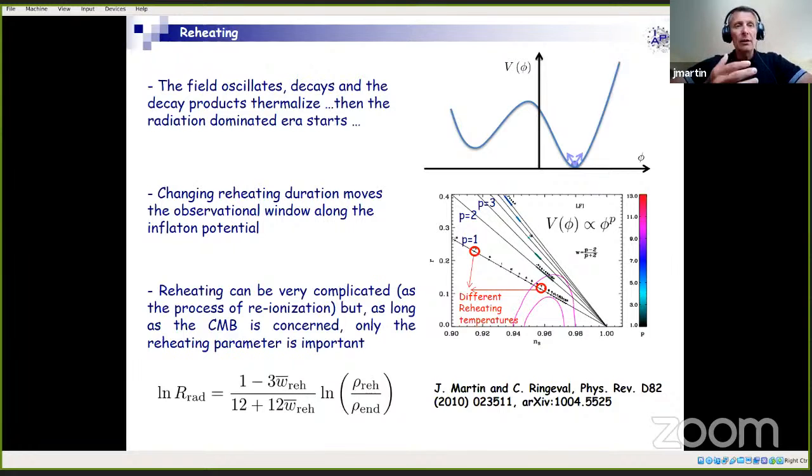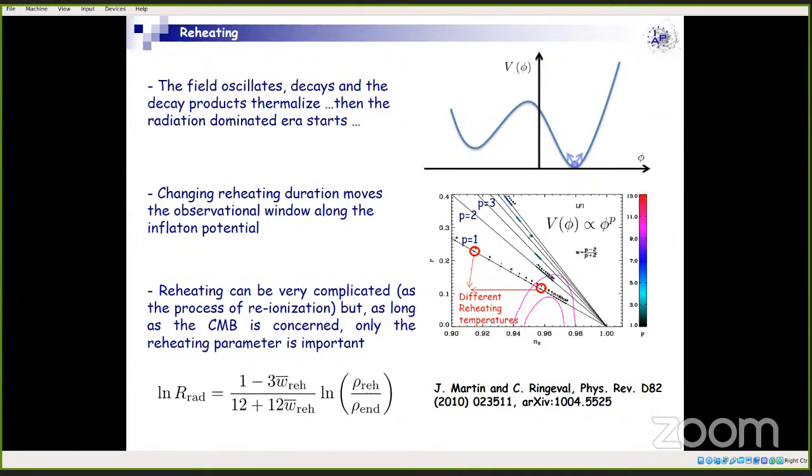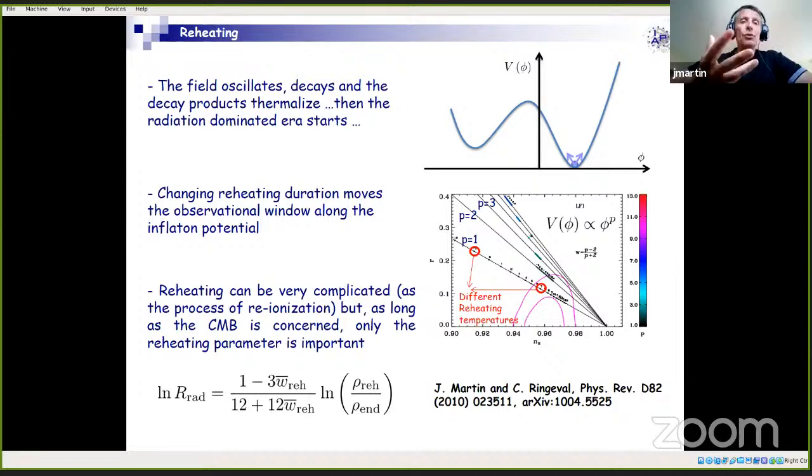So it may be surprising that such a process as complicated as reheating can be described with one parameter. Of course, it's possible to describe it with one parameter only if you use only the CMB data. And it's a bit like reionization.